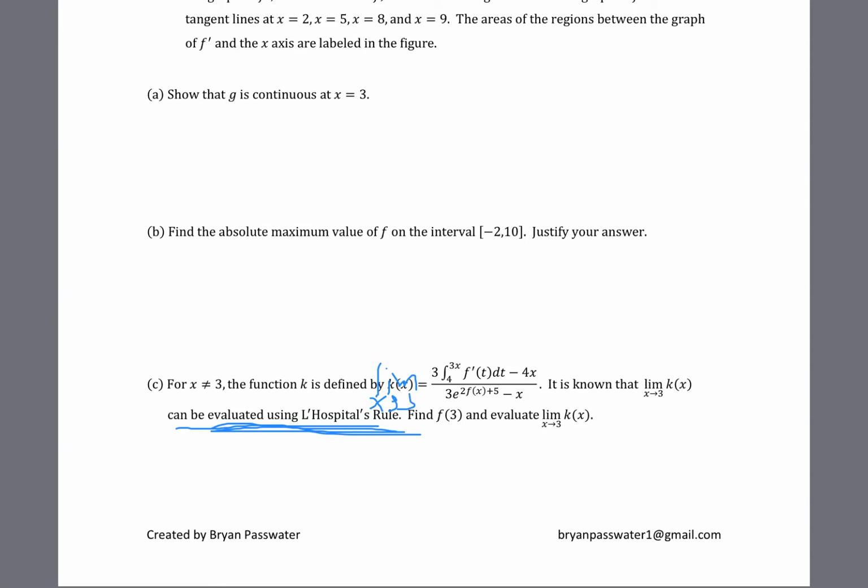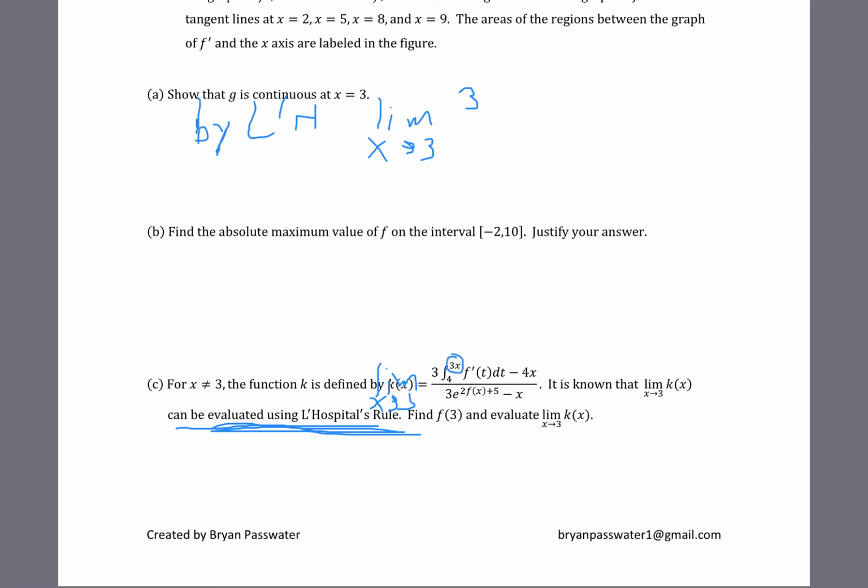So L'Hopital says that I can do the derivative of the top and the derivative of the bottom. So the limit as x goes to 3 equals the limit as x goes to 3 of the derivative of the top. You leave the coefficient 3, and the derivative of an integral cancels it out.